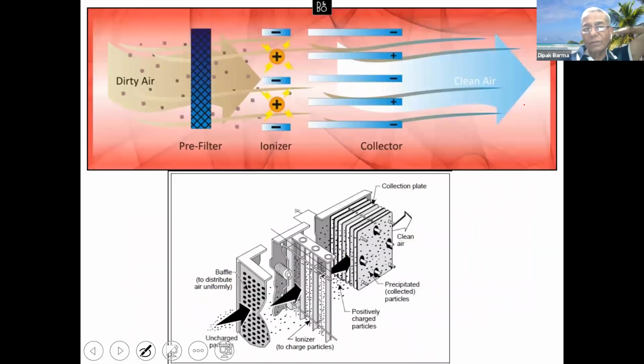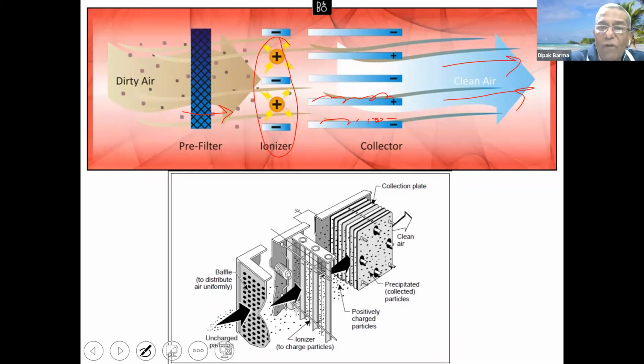This is the view of an electrostatic precipitator. The dirty air comes from the pre-filter. It is charged here where the ionizer is, where the particles are, and the positively charged particles will get deposited onto the negative plate, and the other way around, the negatively charged particles will get deposited onto the positive plate, and clean air will flow out from here.